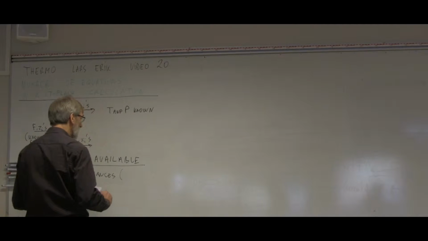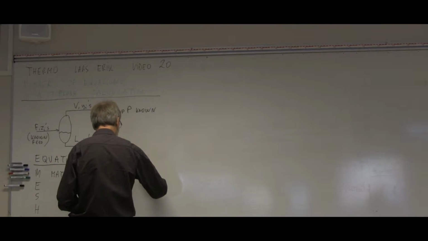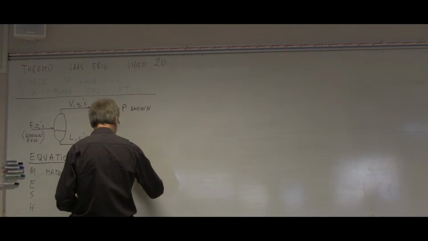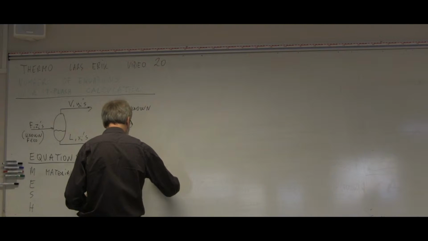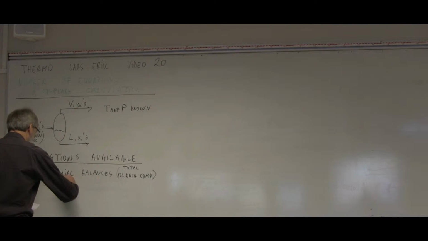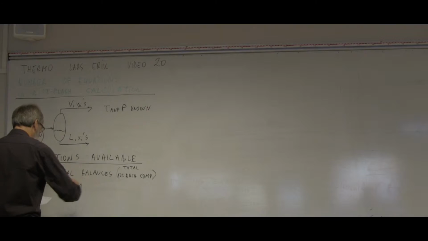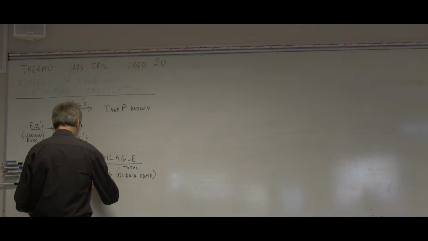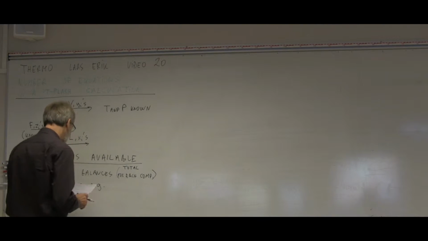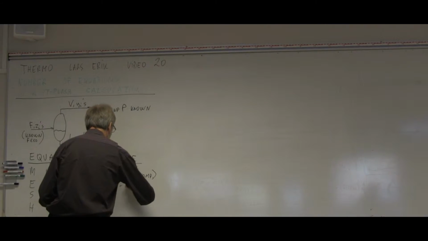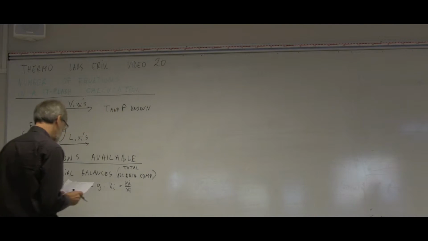We have material balances for the total and for each component. We have equilibrium, and that might be defined by a K value, which is y over x.